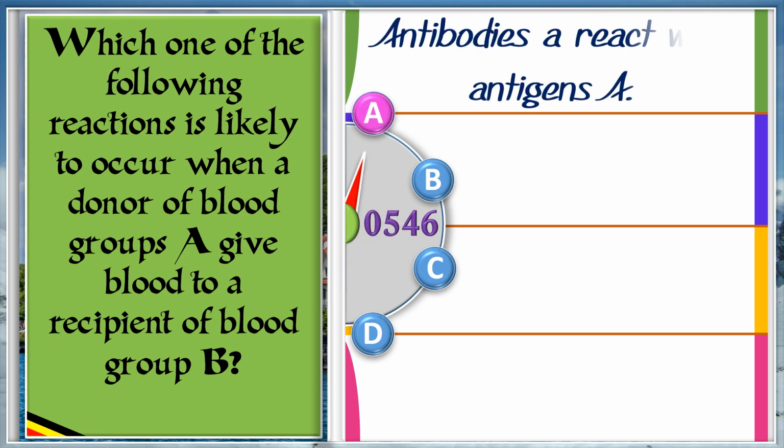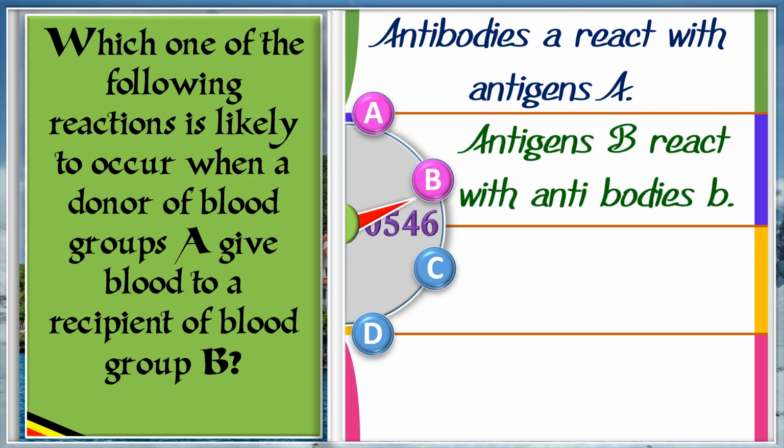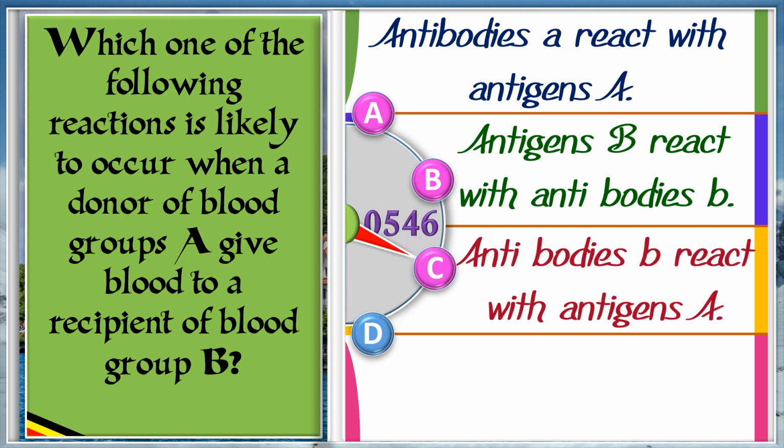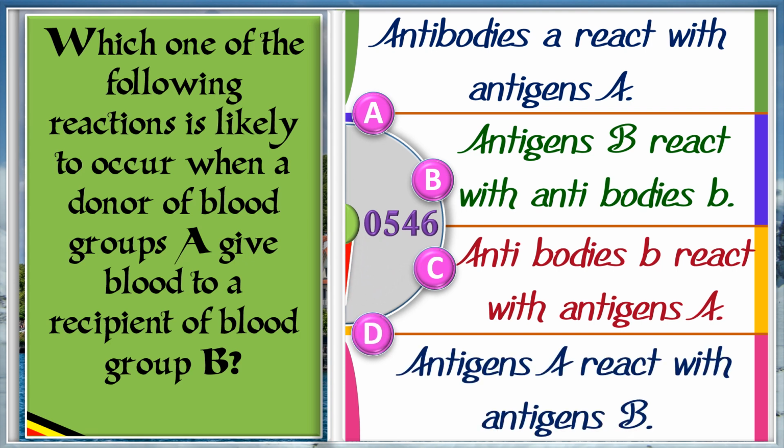A. Antibody A reacts with antigen A. B. Antigen B reacts with antibodies B. C. Antibodies B react with antigen A. D. Antigen A reacts with antigens B. And the answer is A. Antibodies A react with antigens A.